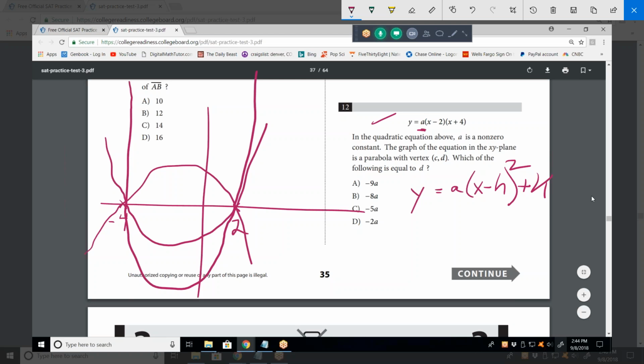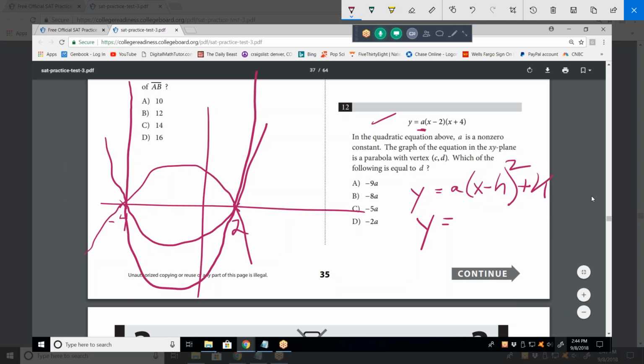They tell me that my vertex is at C, comma, D. Well, in vertex format, what does that give me? What is H? What are H and K? The X and Y intercepts. Not the intercepts. Oh, they're the vertex.